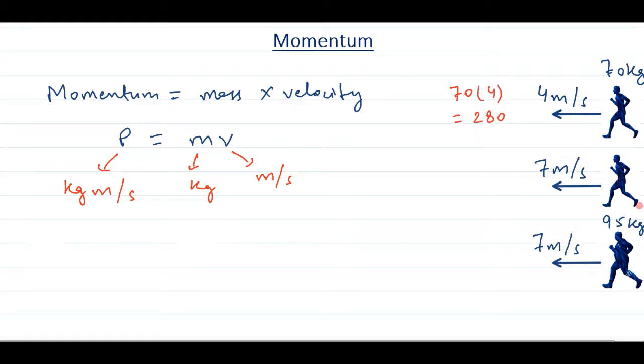Similarly, for the second person here, he's the same person actually, so we have 70 multiplied with 7 because this now is moving at a greater speed. That's going to give us 490. And then for the last person here, that's 95 multiplied by 7. That gives us 665. So it's the same as what we understood before. The last person here has the highest momentum and the first person there has the lowest momentum.